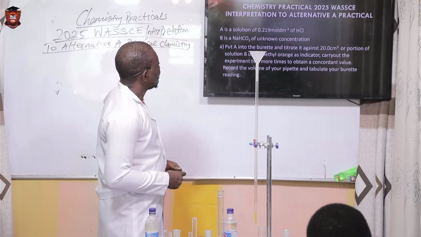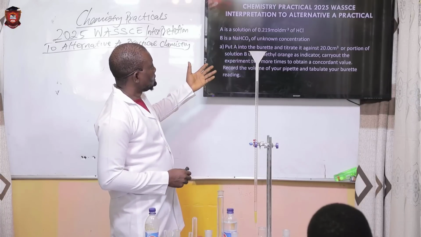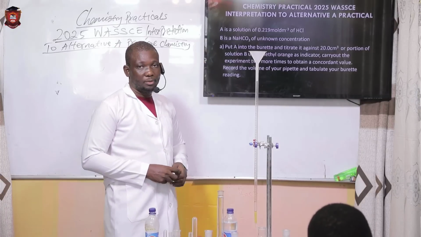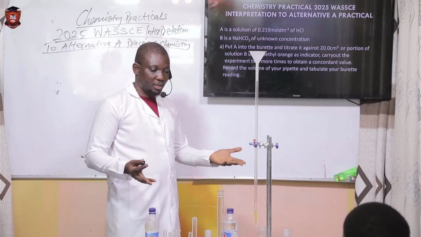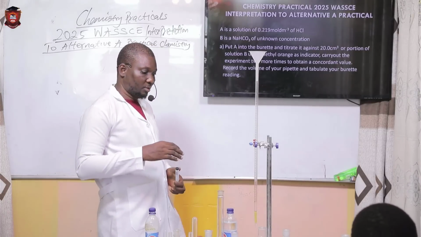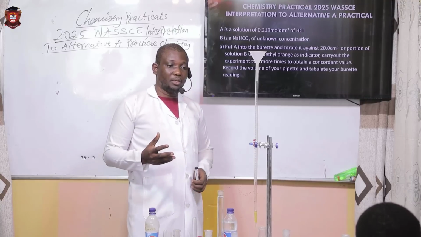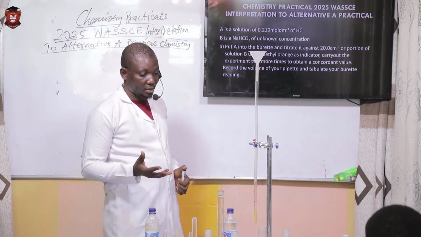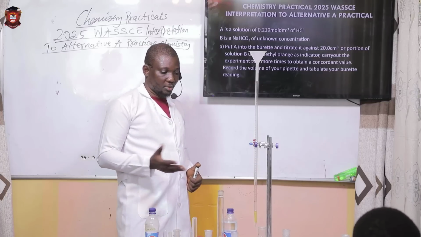So in this question we're going to be looking at the first part of titration, which is the experiment, and then we have the experiment here displayed. We're going to do this experiment step by step, the way you're going to do it in the exam hall, and nothing more.